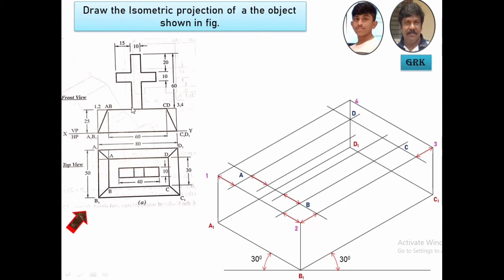Now if you want to get this point, from here to here the distance is 60 mm minus the thickness of this cross, which is 10. So 60 minus 10 is 50, divided by 2, it's 25 this side, 25 this side. To get the position here, let us measure this 25 mm here, get the ISO length, mark it here. Similarly, you can get this length, we'll get this line.